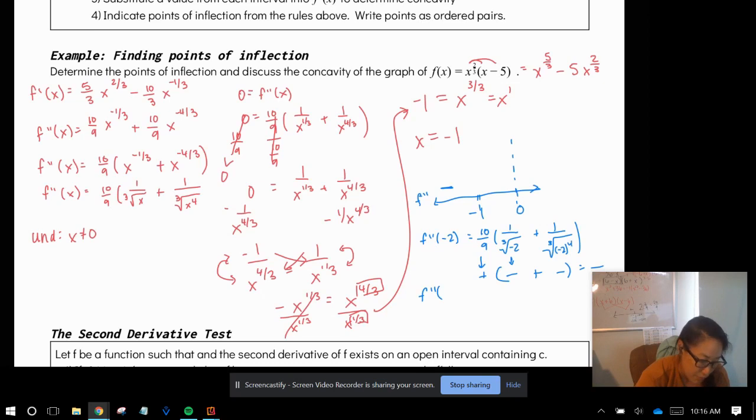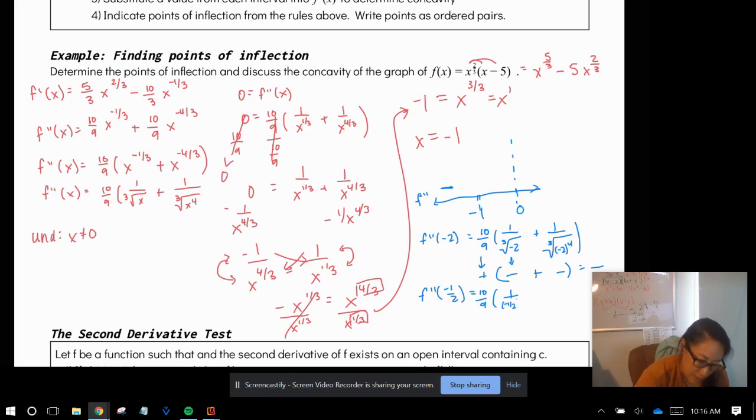So now we're going to do f double prime of negative 1/2, which is equal to 10 over 9 times 1 over negative 1/2 to the 1/3 plus 1 over negative 1/2 to the 4/3.